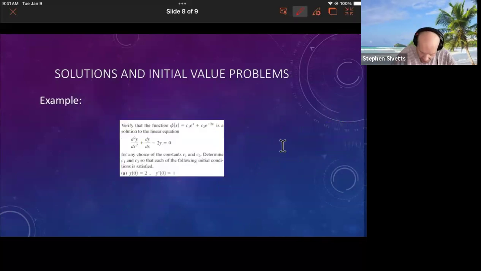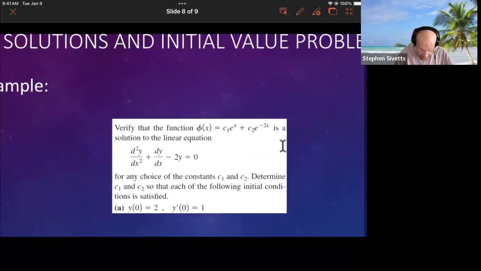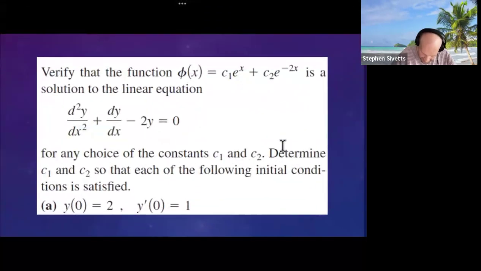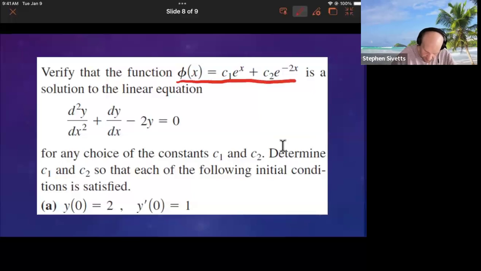Let's look at an initial value problem. What I want you to do is try to verify that this function, phi of x right here, is a solution to this linear equation.